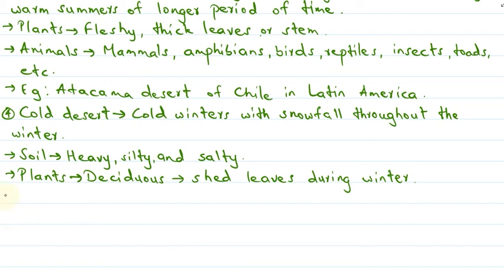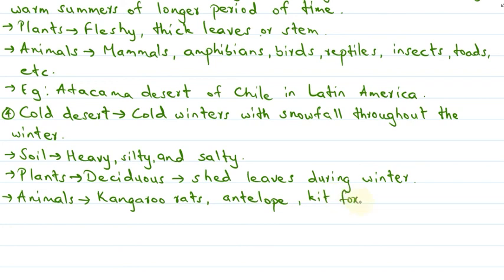Then the animals that can be found here are, what animals can be found here? There are kangaroo rats, antelope, kit fox, etc. These are the different animals that can be found in cold deserts.